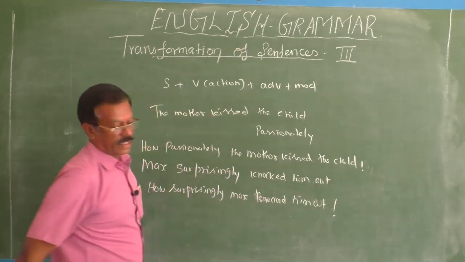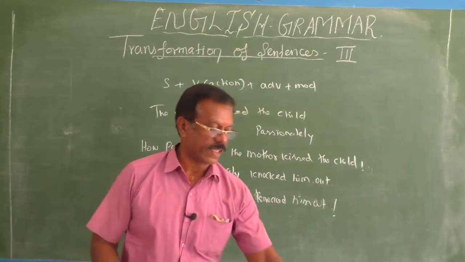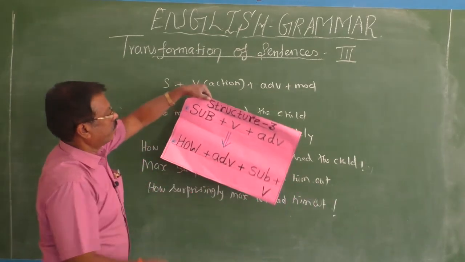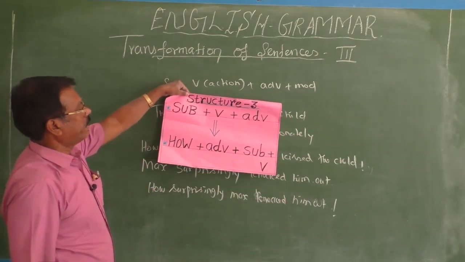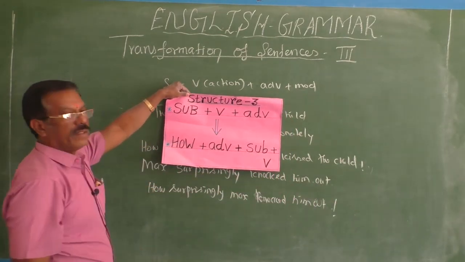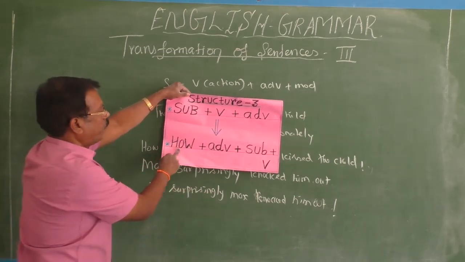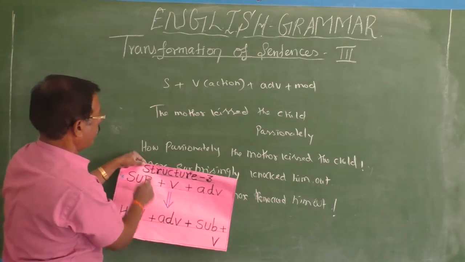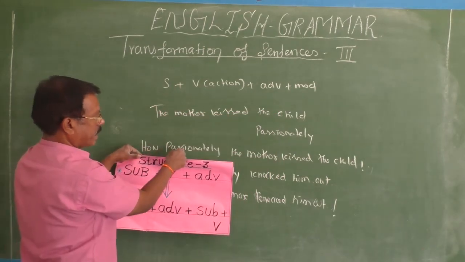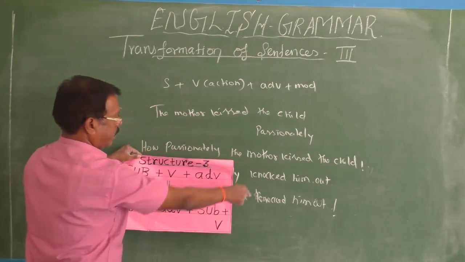Then the exclamatory mark. That's all. So this structure shows you the sentence: subject plus verb plus an adverb. Here the verb is an action word. You don't have any link verb. Then how plus adverb plus subject plus verb.